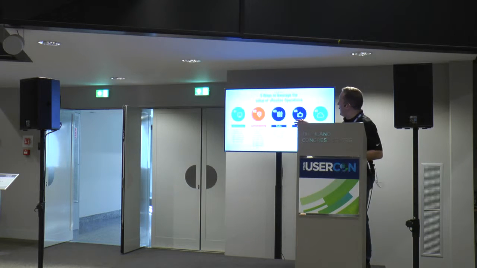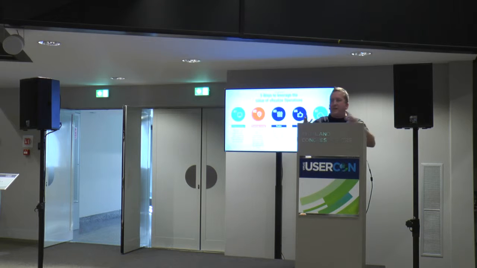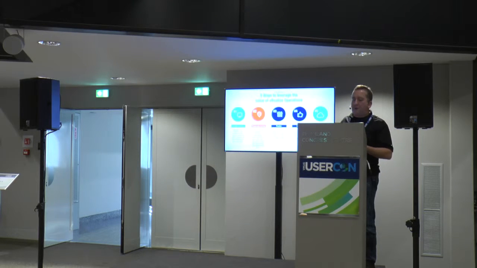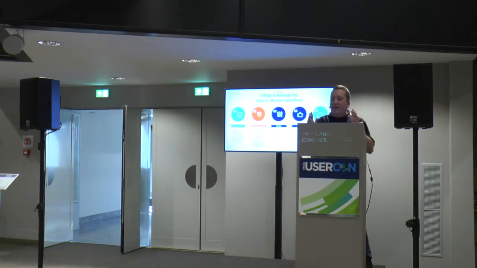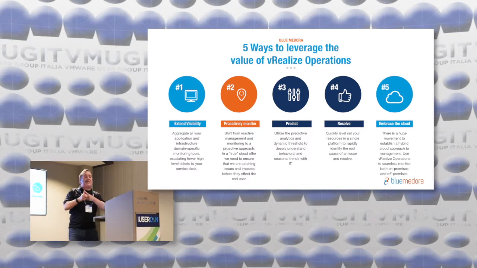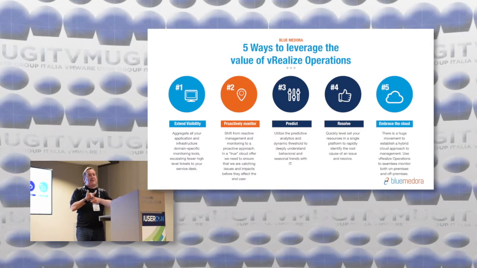So it's all about extending the visibility, seeing what is happening in your VMware environment, in your data center, to be able to proactively monitor and predict what is going to happen. An example: I have a customer in London. They installed around Christmas last year the management packs for Cisco networking, Cisco UCS and NetApp storage.